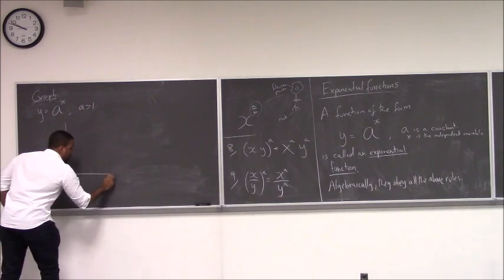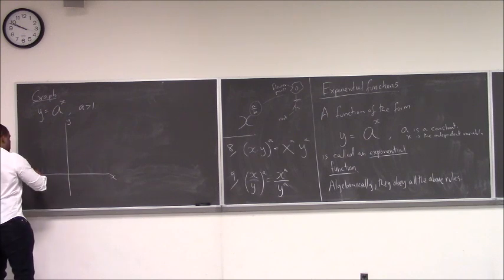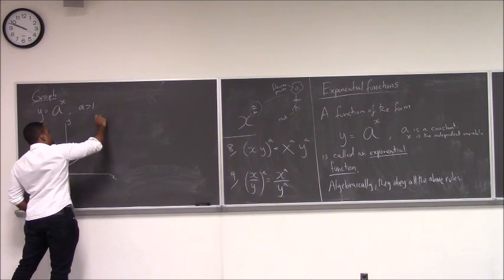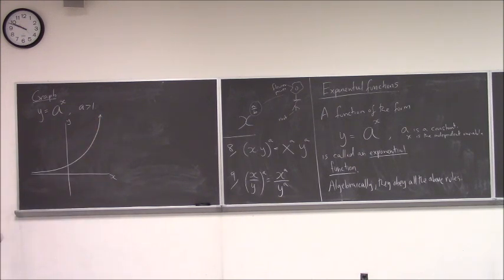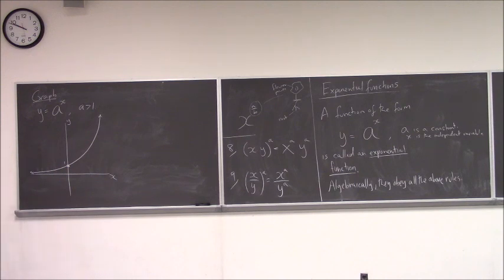This is your x, this is your y. An exponential function has this behavior. In this way, it'll always pass through the number 1. Again, because when x is 0, you have a to the 0, and our rules tell us that's 1, and it has this behavior. It increases very rapidly.